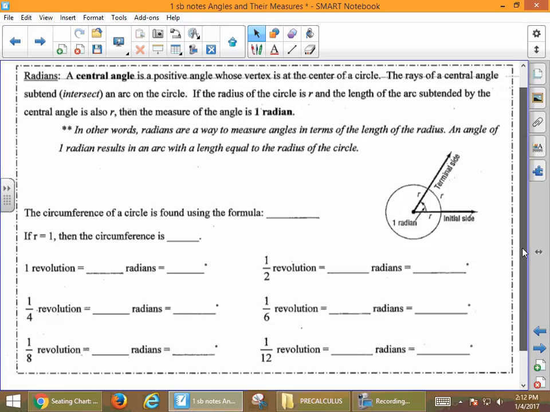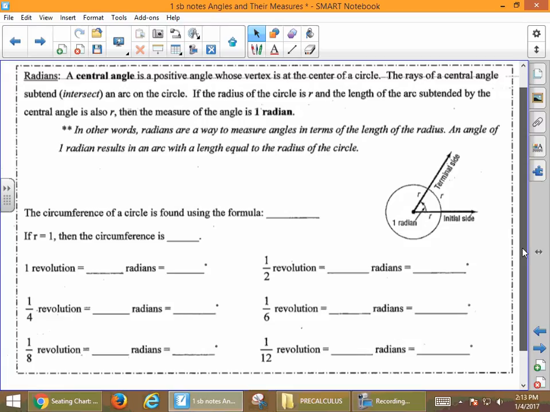So here's our circle. If the radius of the circle is r, and the length of the arc subtended by the central angle is also r, then the measure of the angle is 1 radian. Again, probably a little bit confusing in terms of words.